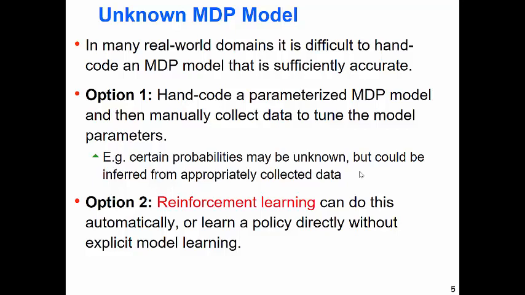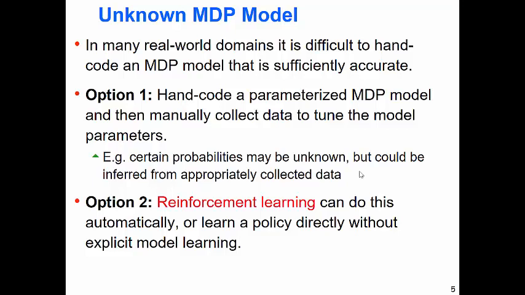Now in control engineering, this is often called system identification. You're trying to identify the system. Reinforcement learning, you can think of it as trying to do that automatically if you're taking a model-based reinforcement learning approach. It's trying to wander around and learn a model of the world that's good enough to allow it to take good actions.